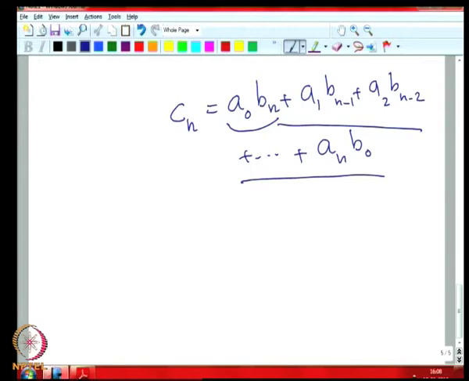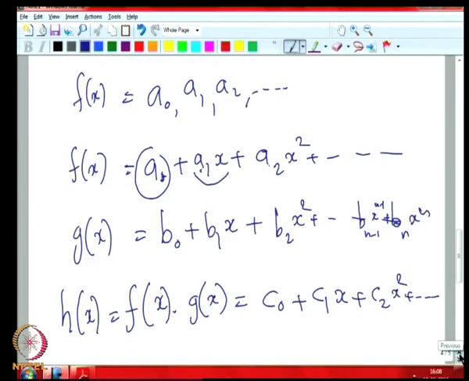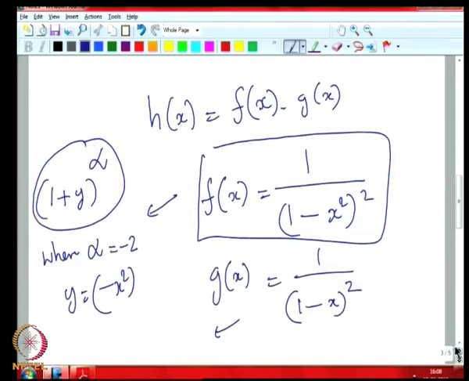Once we get the sequence for f(x) and g(x), we can use this technique to get the formula for the coefficient. Of course, we are not explicitly evaluating it, we are only giving it as a sum.